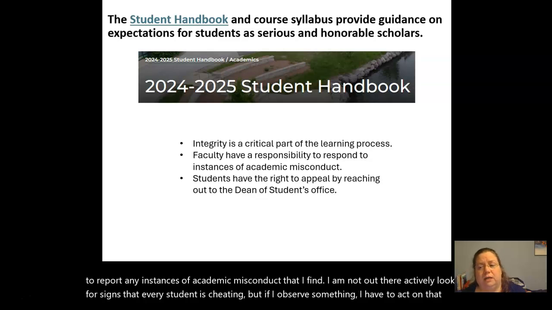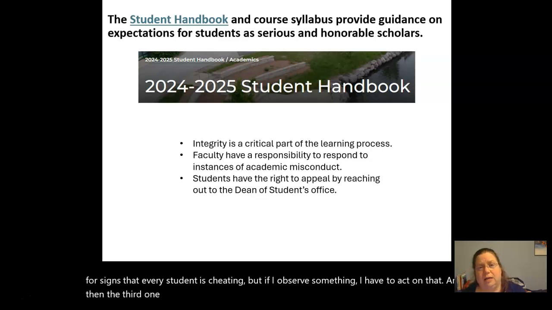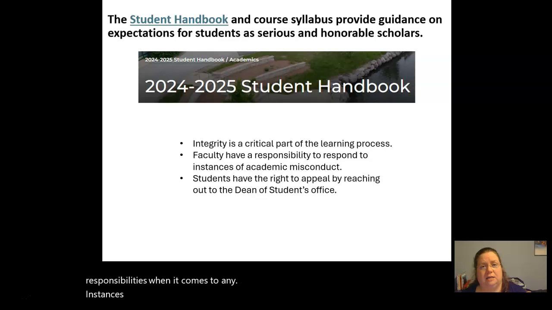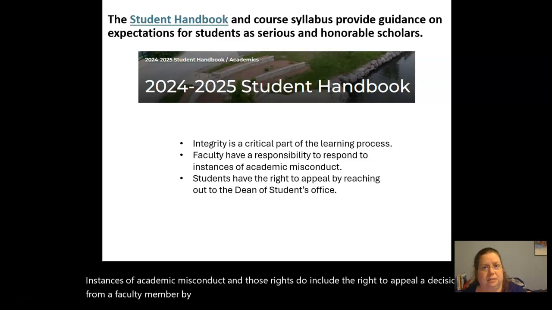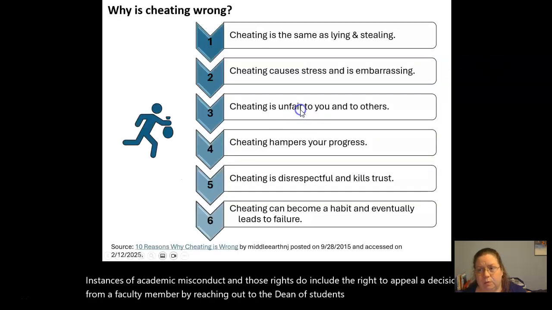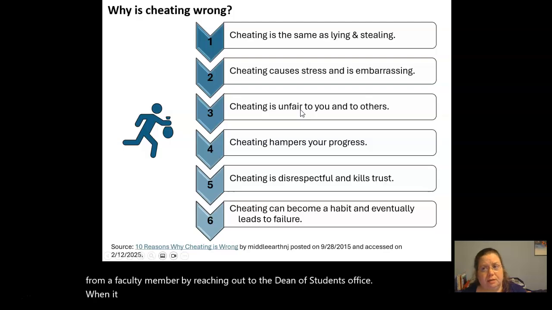And then the third one is, as outlined in the student handbook, you have both rights and responsibilities when it comes to any instances of academic misconduct. And those rights do include the right to appeal a decision from a faculty member by reaching out to the Dean of Students office.